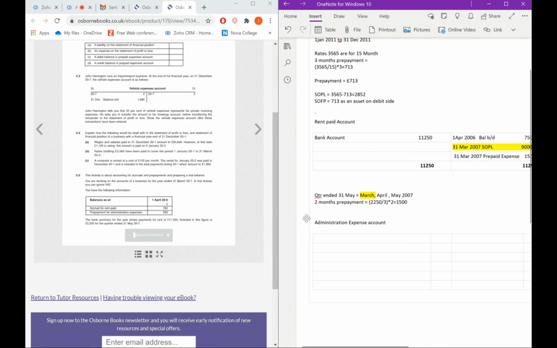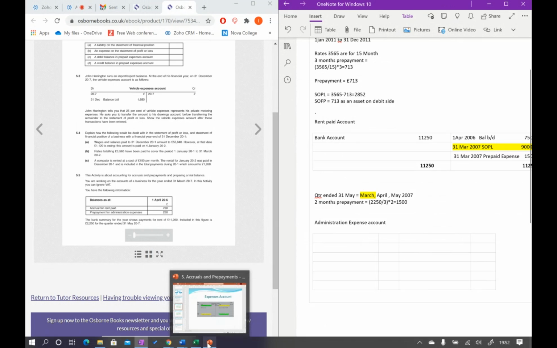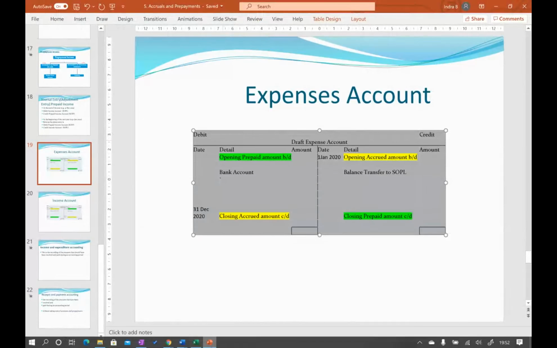Okay. So in administration expense, we are given prepayment on the opening date. So should it come on the debit side or credit side? It will be on the credit side because it's payment. Opening liability comes on the credit side. Again, see this chart.